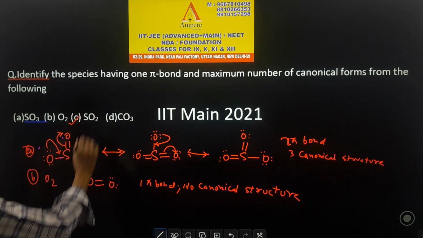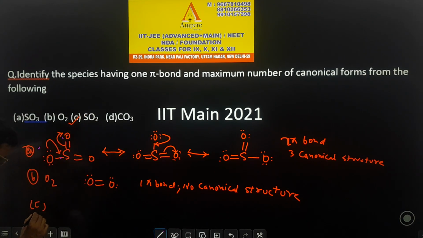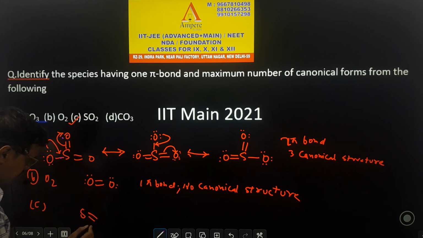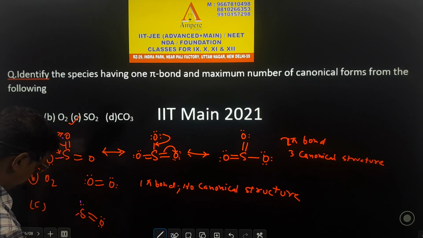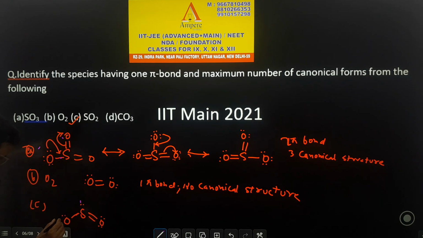Now third, SO2. SO2 structure: sulfur here, double bond oxygen, here single bond oxygen. One thing you have to keep in mind is that here in this sulfur and oxygen, the electron of only sulfur will be involved in the bond formation and not of this oxygen. 1 pi bond, and here this lone pair of electrons will come here for double bond formation, this pi bond will come.